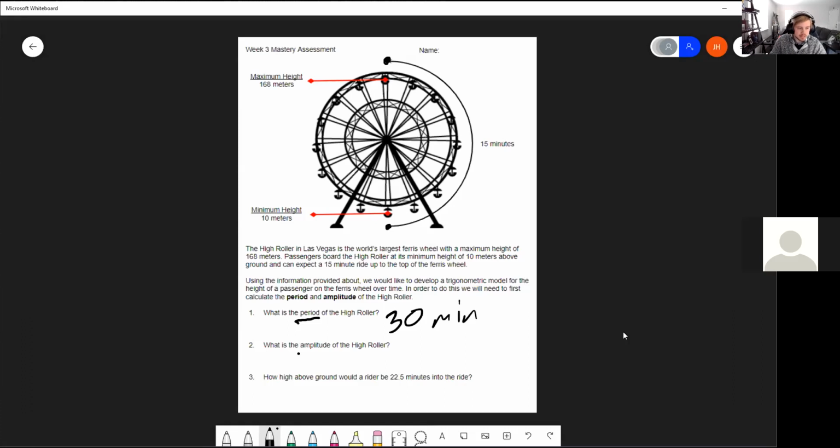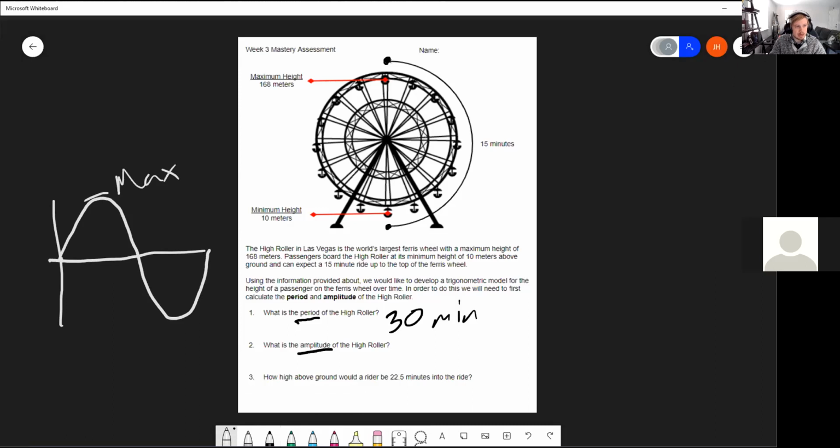Now it asks us, what is the amplitude of the high roller? Amplitude, guys, if you remember, when I was looking at my sine function, was how far above and below it goes, right? How far up does it go? Essentially, this was the amplitude.